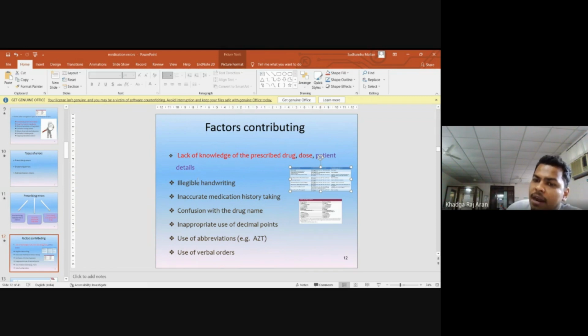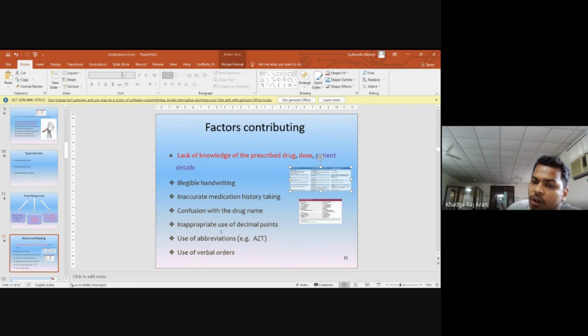Next is bad handwriting. I already showed the photos of this bad handwriting. Next is inaccurate medication history taking by healthcare professionals, which may lead to prescribing and other types of errors. Next is confusion with drug names, LASA drugs, inappropriate use of decimal points like 0.1 or 1.